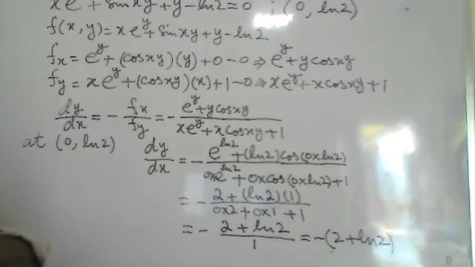Understood this question? This is the way how to find the implicit derivatives of the implicit functions, dy upon dx or dx upon dy.